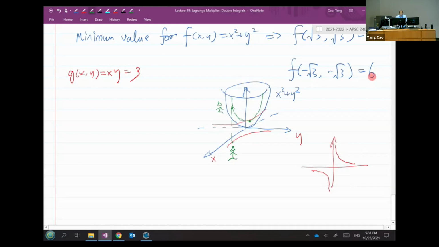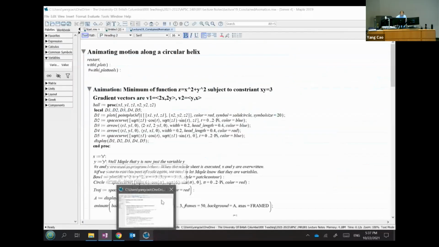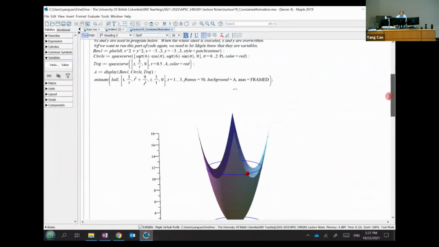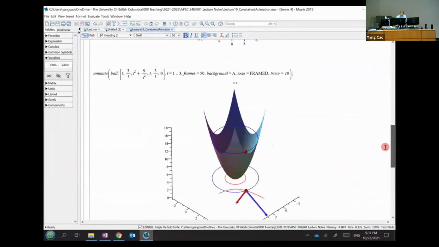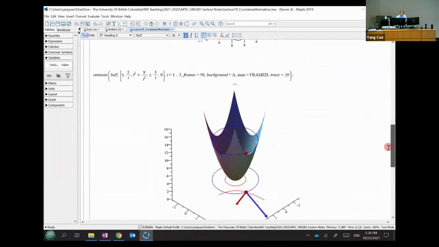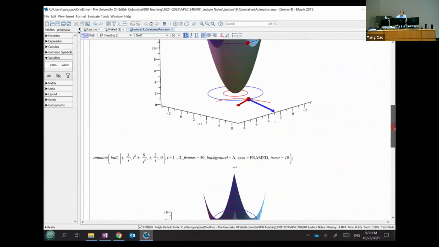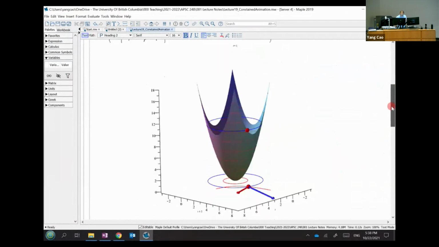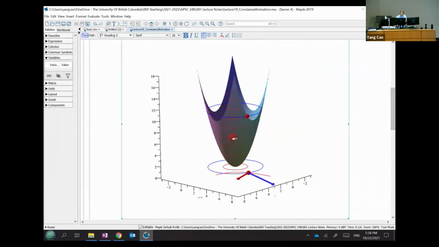Now I'm going to show you using computer animation to give you a little better visual. So what you see in front of you is the paraboloid x squared plus y squared.